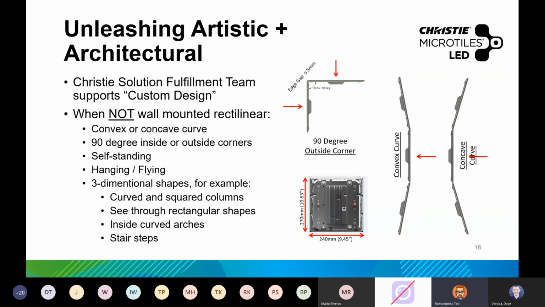And compared to our competition, if you have a certain radius that you want to hit, we can easily do that with MicroTiles LED at, let's say, 5 degrees. To accomplish that same radius with a 27-inch cabinet, the angle between each cabinet would have to be 10 degrees, twice as much.